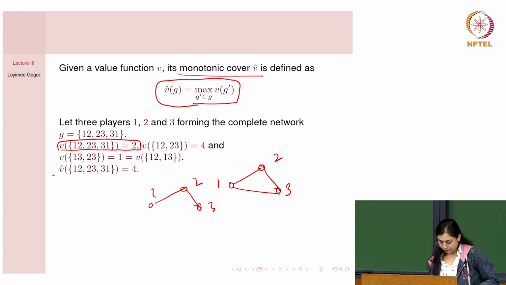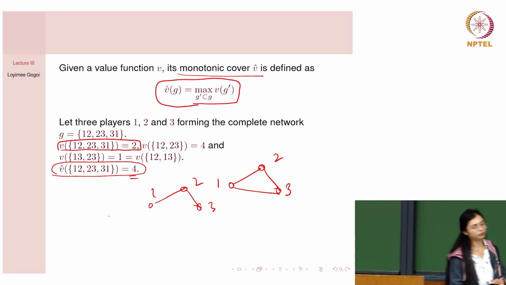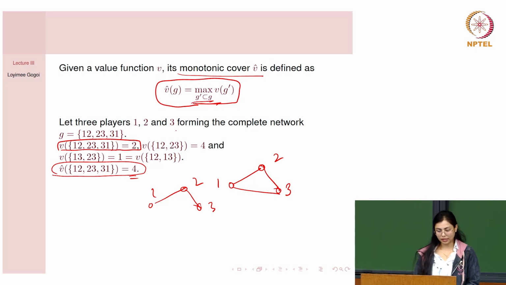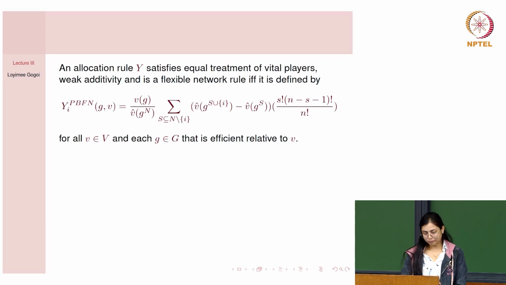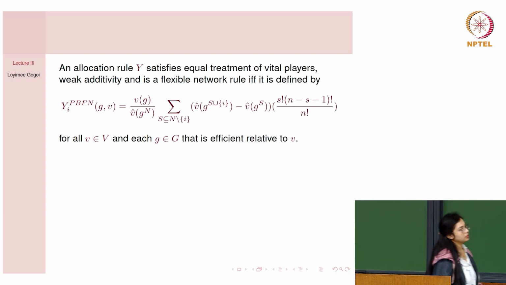Then the monotonic cover for Z will be what? 4. Right? So it will consider the highest valued subgraph over all subgraphs of Z. That's how the monotonic cover is defined. Any question?